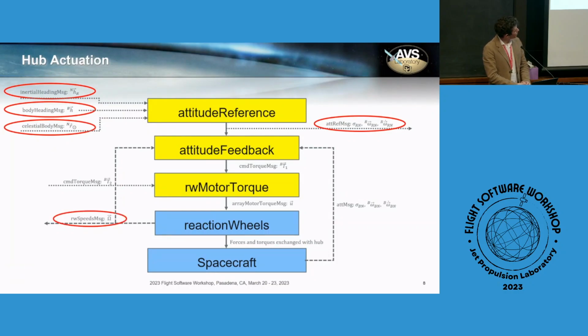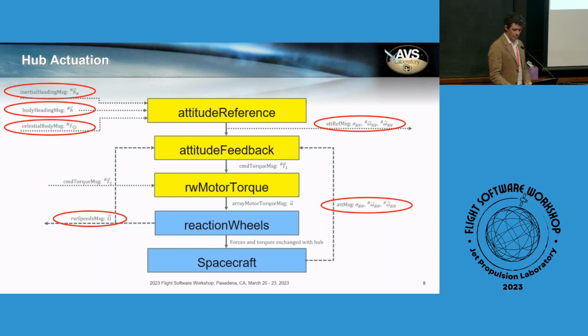This reaction wheel speed message, ideally I would have talked about it a little later, but it's a message containing measurements of what the reaction wheels are doing, and that is an output that feeds back into the previous set of code that I described, which is used to actuate the platform.